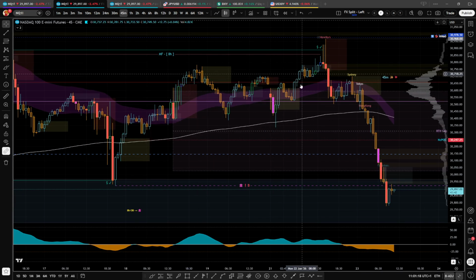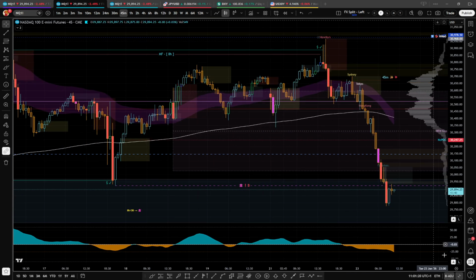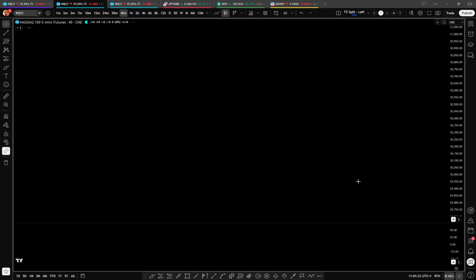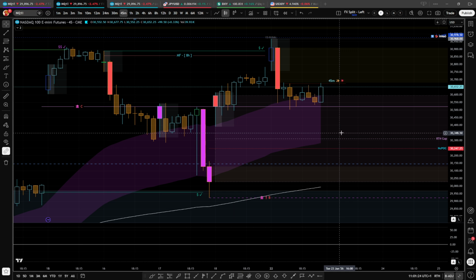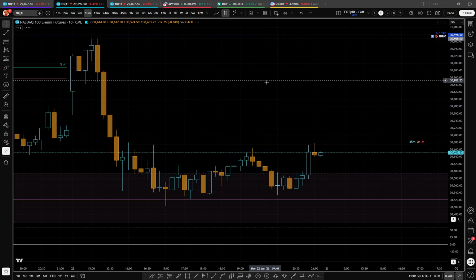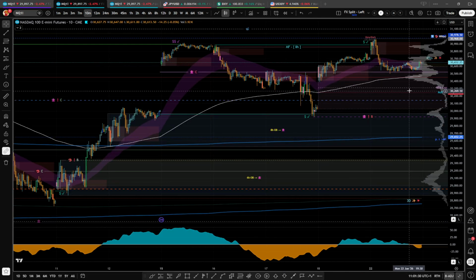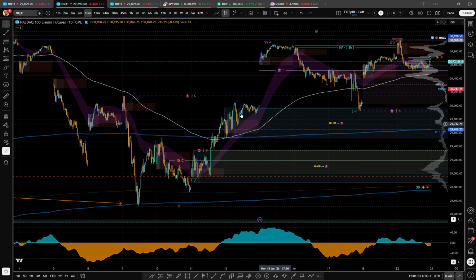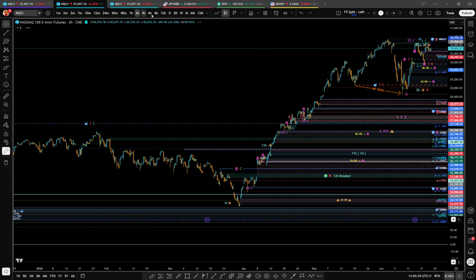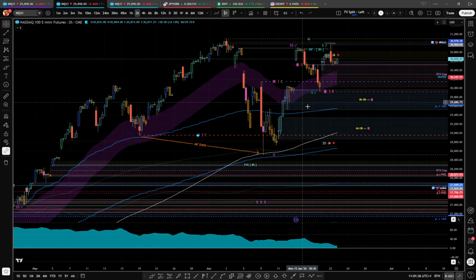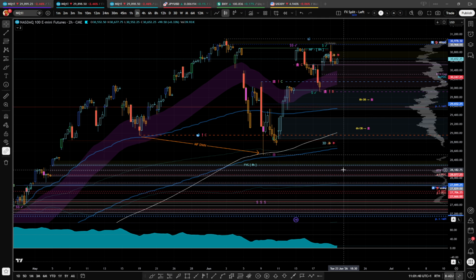Actually, interesting here, we have an RTH gap that we've pushed down below before US Open, which is an interesting little bit of behavior. We don't really have many gaps below us. The next gap we have is all the way down here at 28,182.